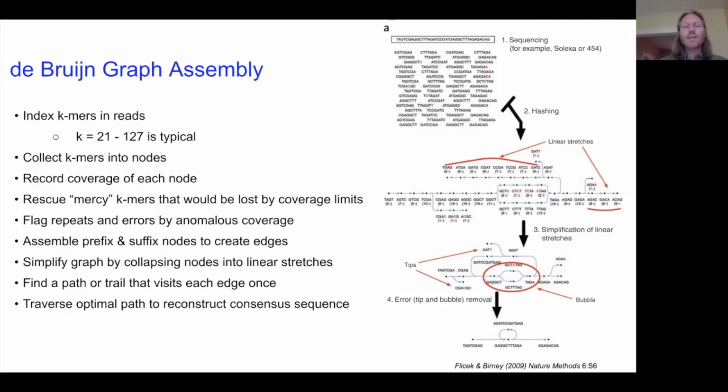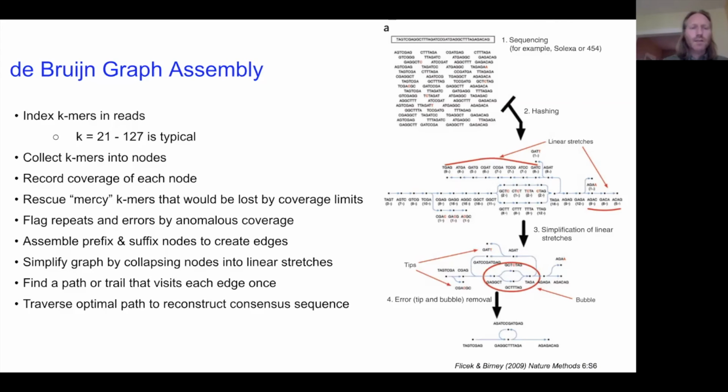But the way they do that is often to throw out the entire read and any k-mers that are on that read. So what this process does in MegaHit, for example, is if there are some solid reads that do have good coverage, they will go back and include all of the k-mers that would have been thrown out by the coverage limit back into that. So you'll often see this in assembly processes.